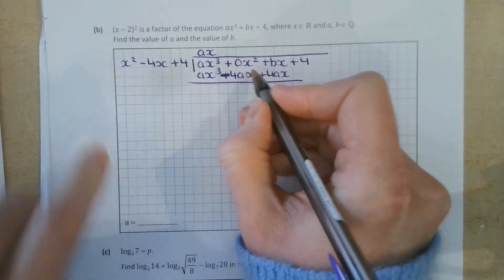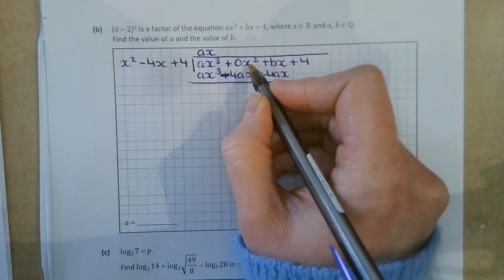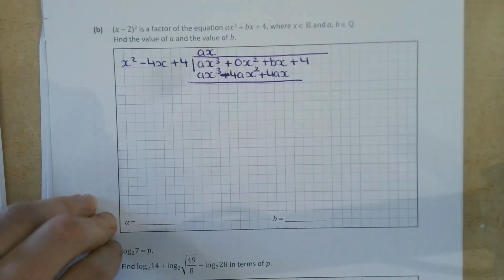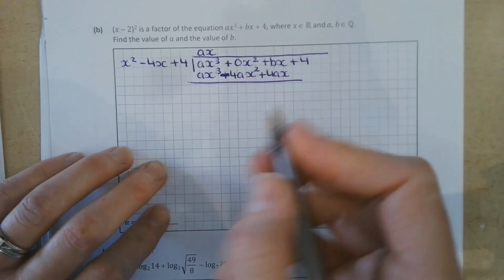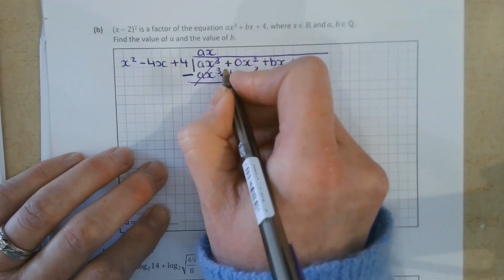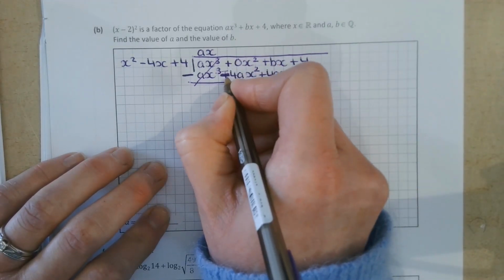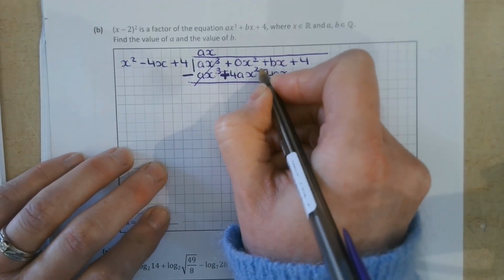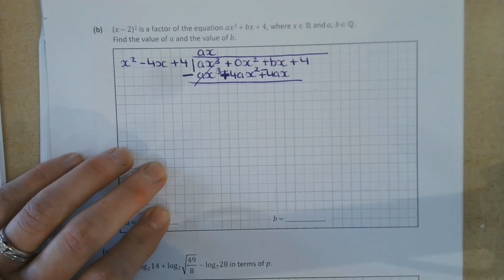Because we've put that placeholder there of the 0x squared, it just lines up a little bit easier. Okay, so we're going to take away everything from here. If I take away the ax cubed, then they cancel each other. I'm going to take away something that's already negative, so it actually ends up being a positive. And I'm going to take away the 4ax as well.